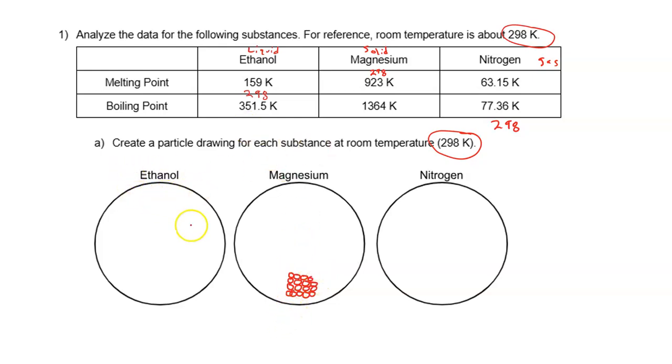Ethanol is liquid. So I can show a similar number of particles if I want to for ethanol. What I need to show is, one, it does not have a definite shape. Two, the particles are going to be slightly more spaced apart than the solid, but not much more spaced apart. So I'm going to draw them sort of taking the shape of this container and just slightly more spread out.